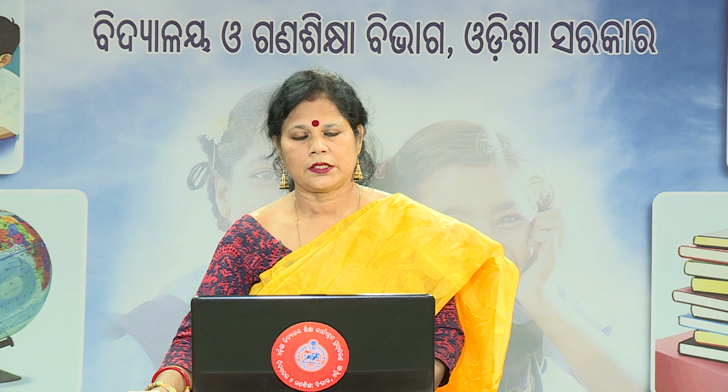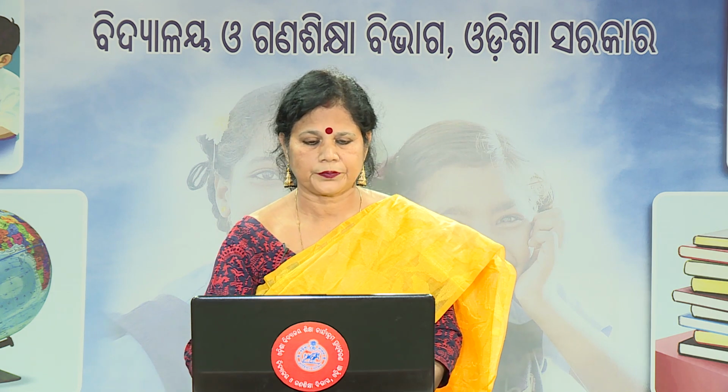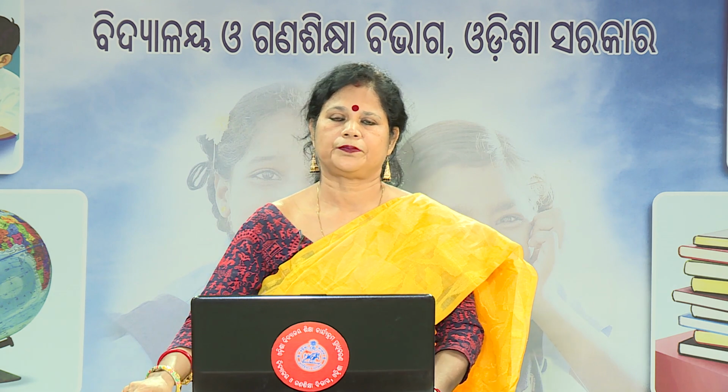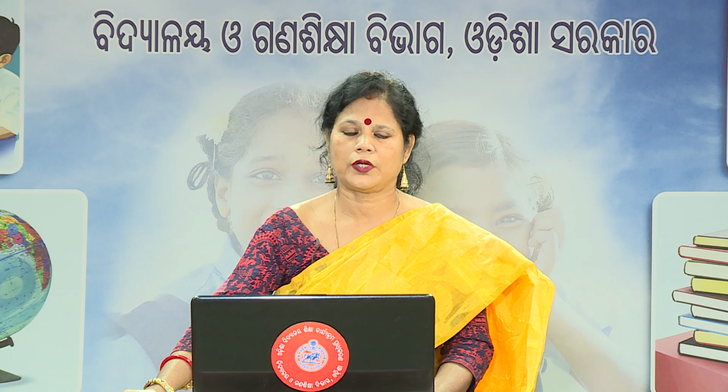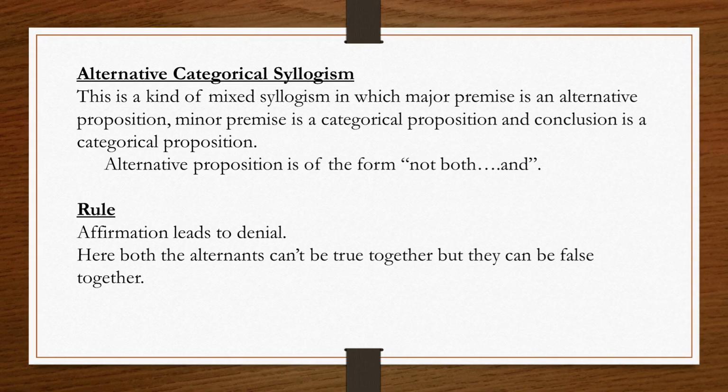Okay. Now we will move to the next syllogism. Next, mixed syllogism, that is known as alternative categorical syllogism. So here it is a syllogism. There are 3 propositions, 2 premises and 1 conclusion.